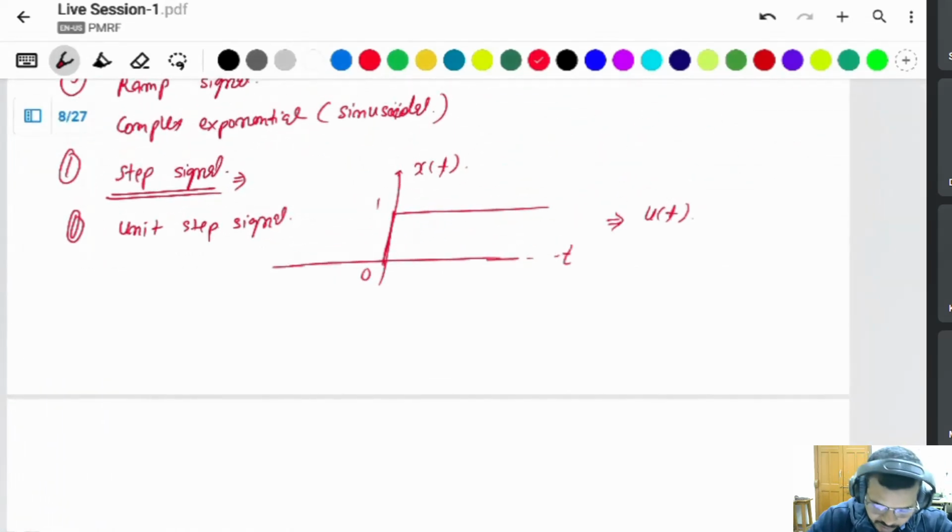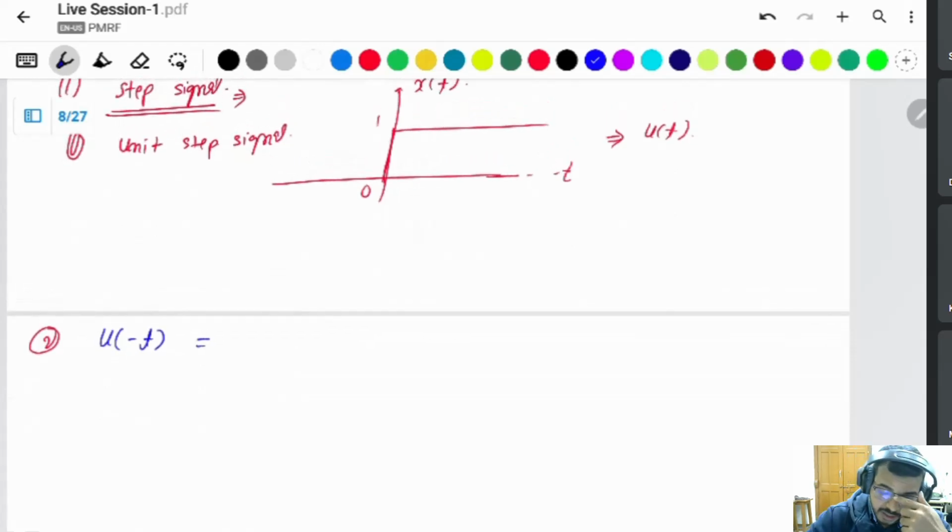What happens if you apply an x axis operation on this, that is, what is u(-t)? Reverse the signal, a mirror image about the y axis.